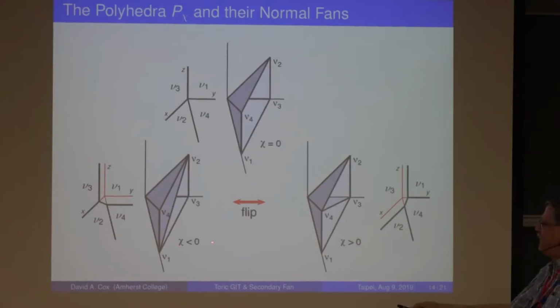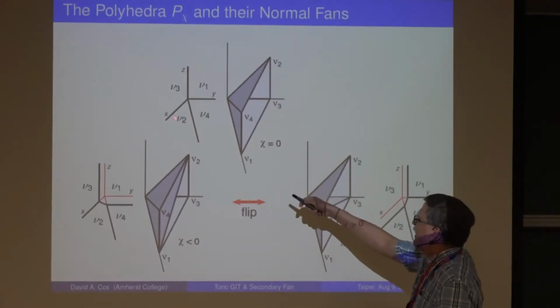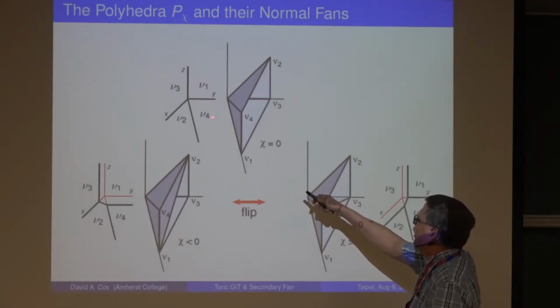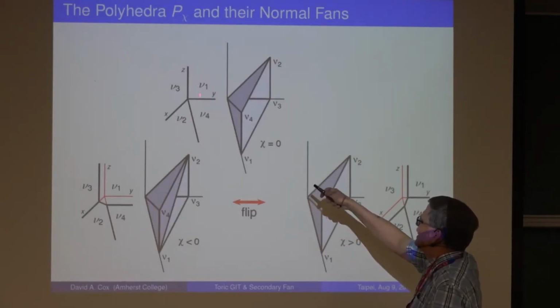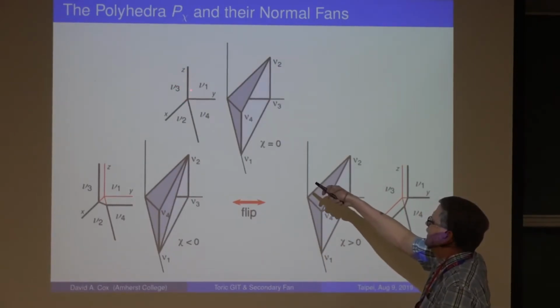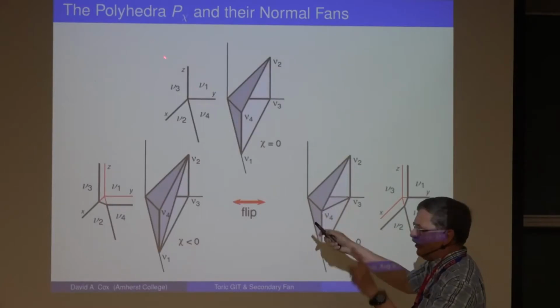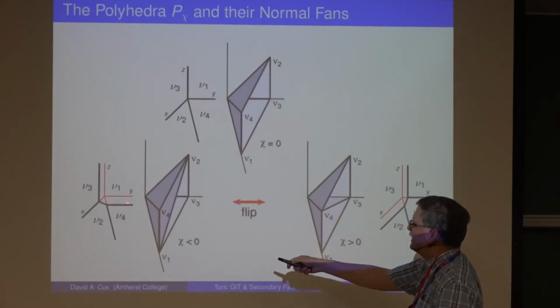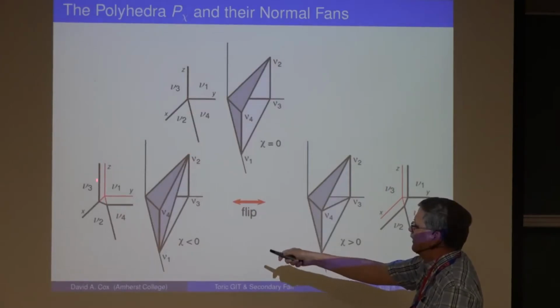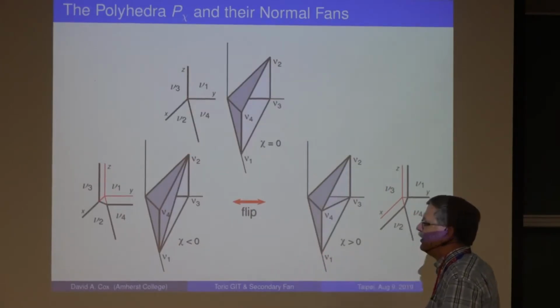But now what's happening here? Remember that moving chi means moving the defining equations. And this is the p chi. The idea is that I'm going to take this and move the facets. Let's think about moving this facet toward you. This facet originally was right here, completely flat, but I've moved it toward you.